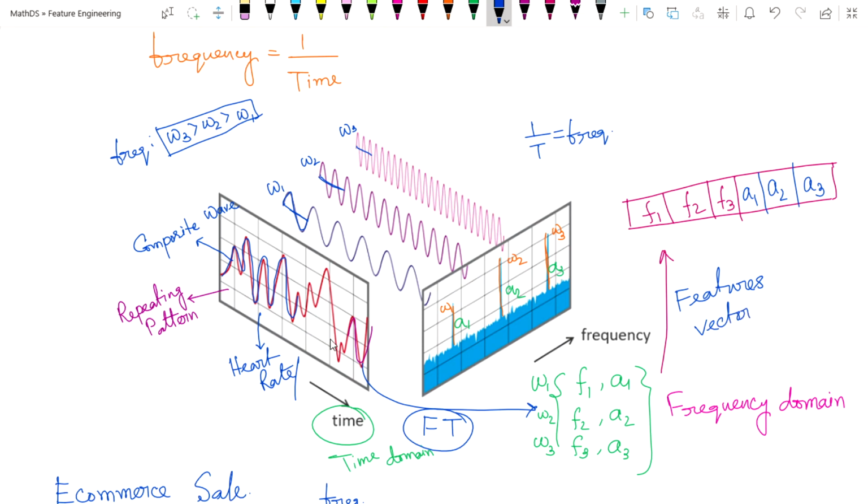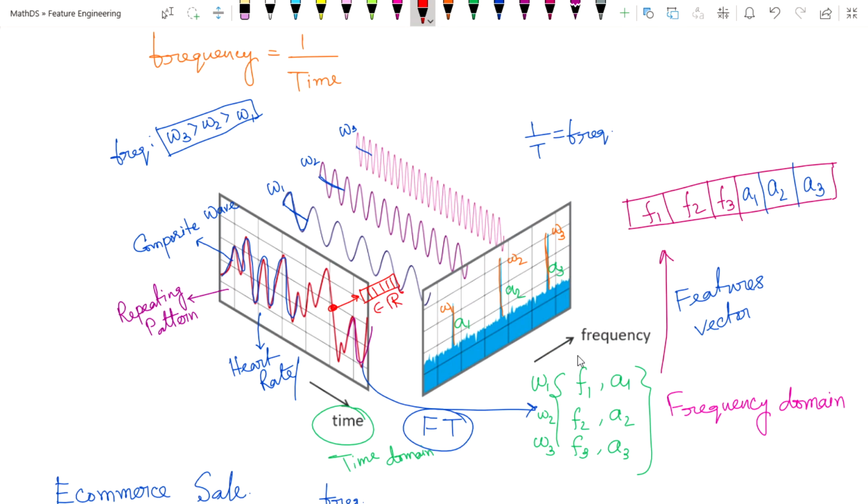Since it's a feature vector for each data point, we can easily build one for each data point and find its feature vector for this graph. It will be 6-dimensional, belonging to R6.